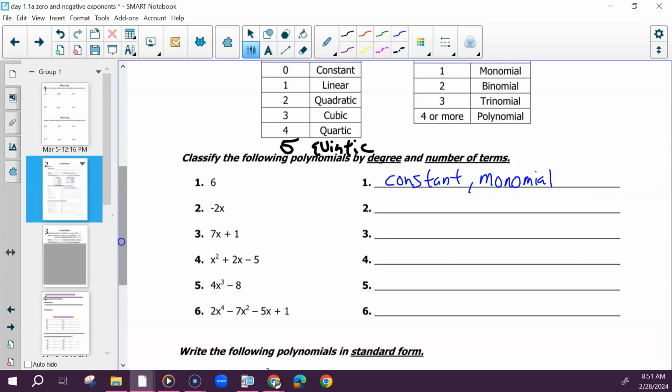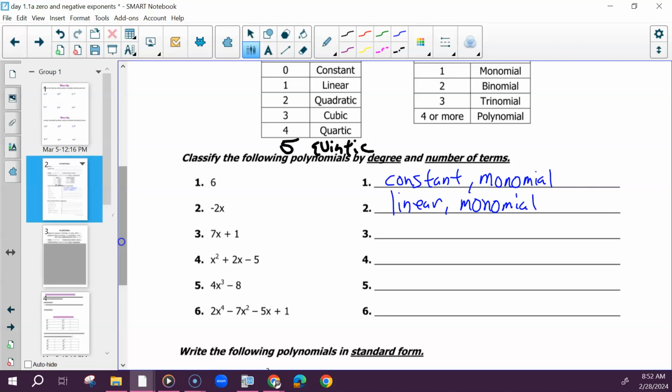Monomial because it's just one single term. What about number 2? It is linear. And then number of terms? Monomial. So linear because of the x, and monomial, it has one term.